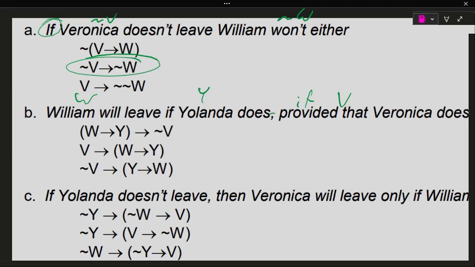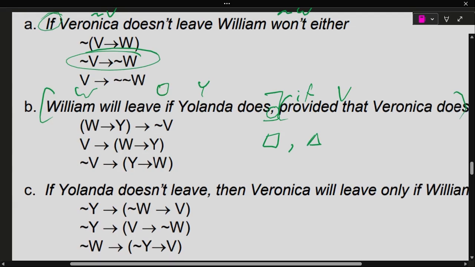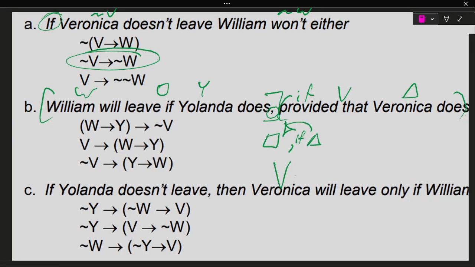Because of this comma right here, it separates the statement into this, if this. The way you can visualize it is square, comma, triangle, with square being all that's inside here and triangle being here. And because there's an if here, provided that this goes in front of all of this, the V of Veronica is what initiates all of that.